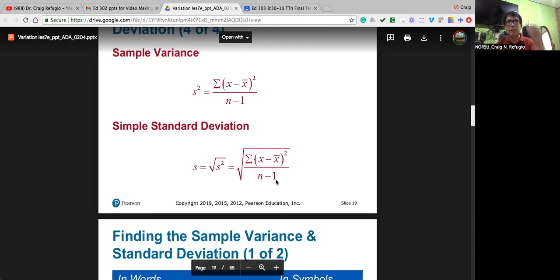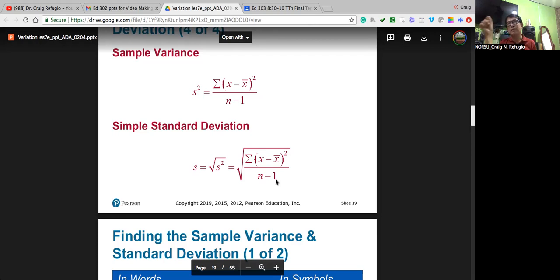So in general, if you are given the population variance, you get the square root of the population variance, and that will give you the population standard deviation. If you are given the sample variance, that is s squared, then the square root of the sample variance is the sample standard deviation.